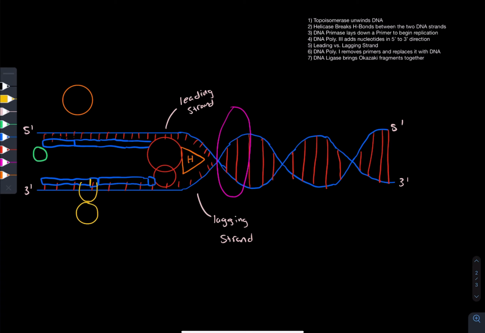They were made separately because of that 5' to 3' direction that it could only occur in. So it's going to seal all these little areas, and you're going to get that down the entire molecule over here as helicase breaks more and DNA polymerase makes more nucleotides.